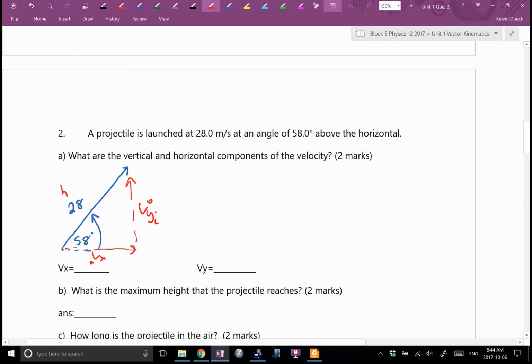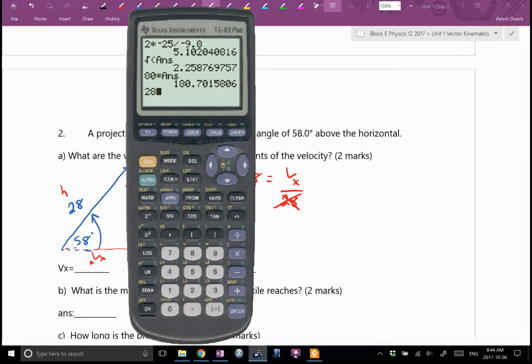This is a quiz. I'll show a little more work. We've done lots of shortcuts. I'll smile along the way as my shortcuts come to fruition. I'll say, okay, cos 58 equals adjacent over hypotenuse. I'll smile and put the 28 there, and I'll say, of course it was, right? 28 cos 58.